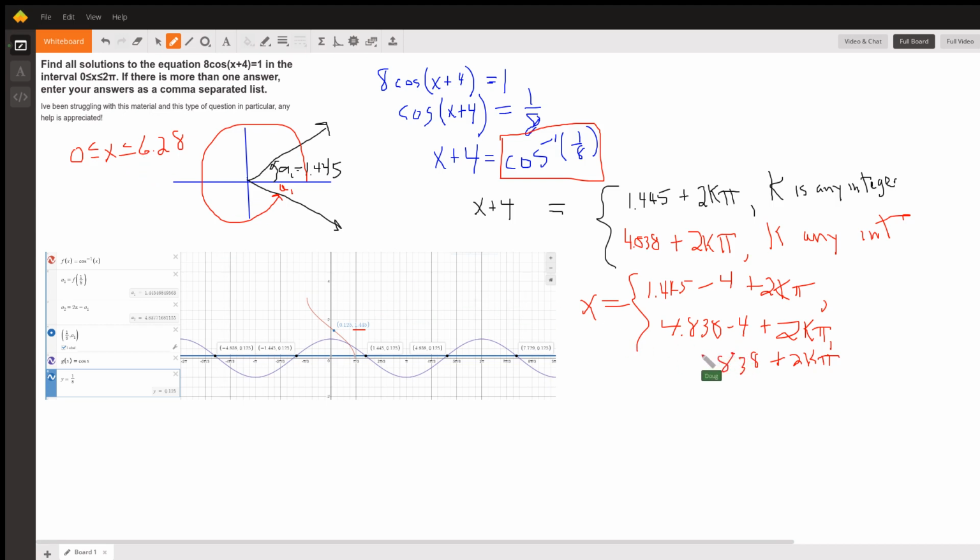So this is one of your answers right here. If I put 0 in for k for this first row, I'm going to get a negative number. So I think you have to put 1 in for k for this, and 0 in for k for this row, and that'll give you your two answers in the interval from 0 to 2 pi. Okay, I'm going to stop recording.